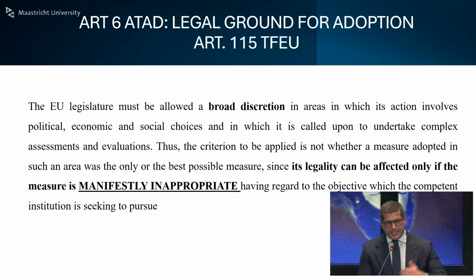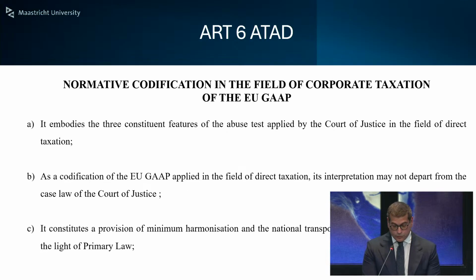The limit to such power is the situation where such a harmonizing measure is manifestly inappropriate to pursue the objective requested by the measure. Therefore, I consider that in case of a ruling on this issue, the Court's actual lenient approach will not consider Article 6 invalid.